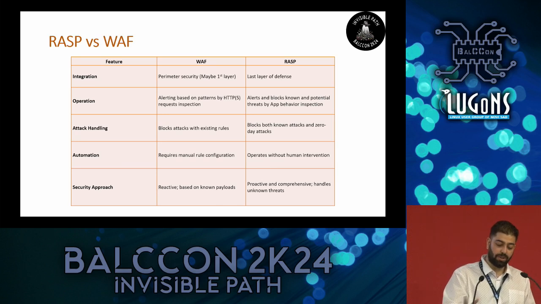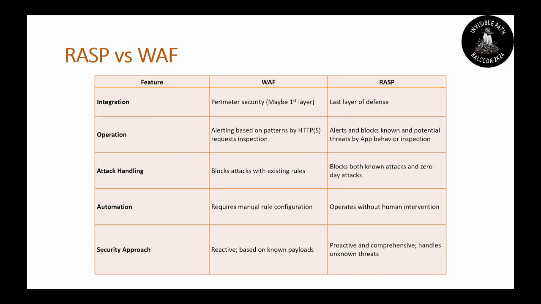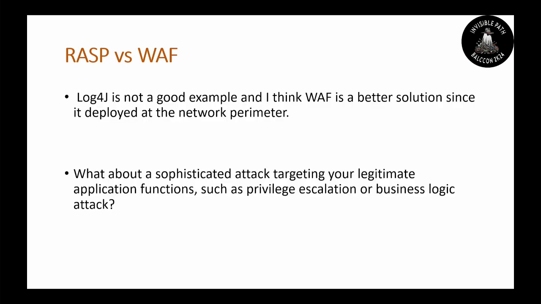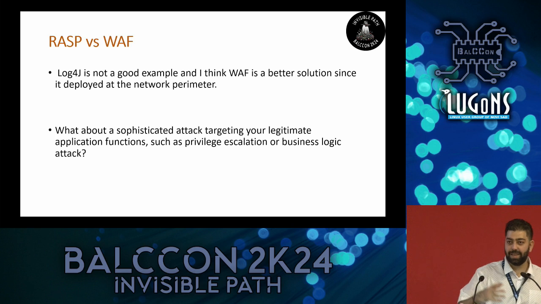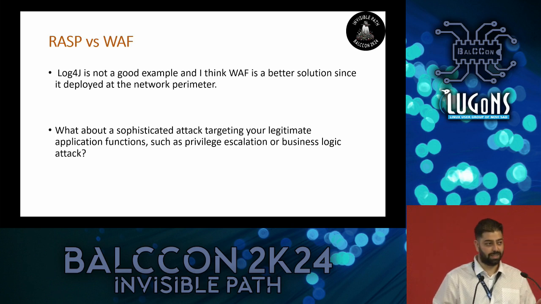The security approach of WAF is reactive. It's based on payloads and signatures, while RASP is proactive and comprehensive and handles unknown threats as well, because it has that knowledge. A tangible example here is Log4j. I would say that WAF is a better solution for Log4j because you can detect and mitigate a battle against Log4j within your perimeters, so in earlier stages you can detect a Log4j attempt.